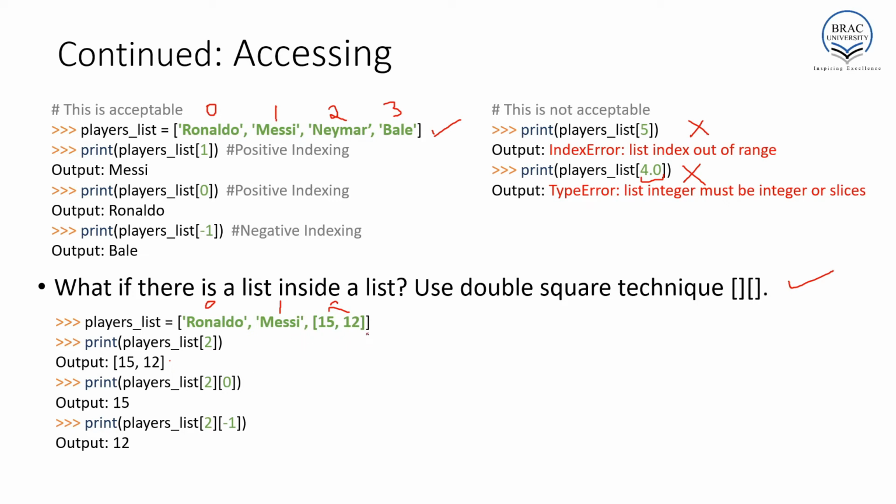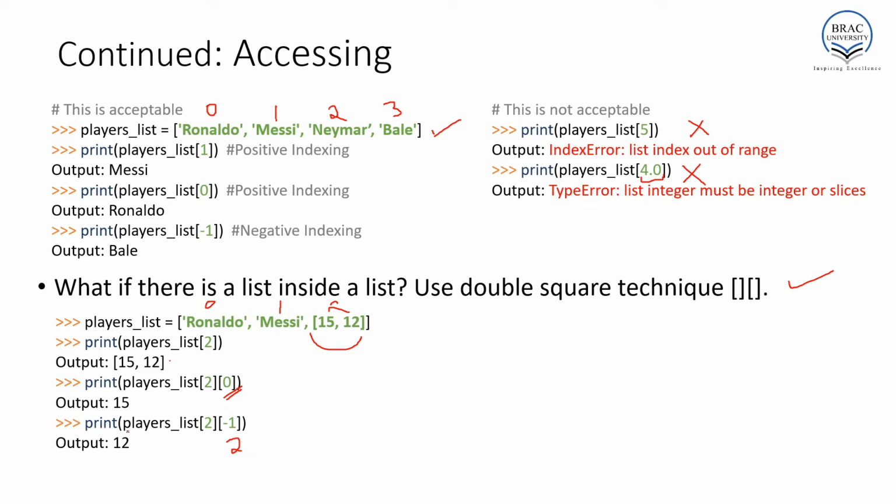Now, if I wanted to get the first element of this inside list, I would have to write another square bracket and give 0 inside it. So as a result, I will get 15. What if I wanted to access the second element of this list? I also can write here -1, meaning this is the last element of this list which is present in the players list.